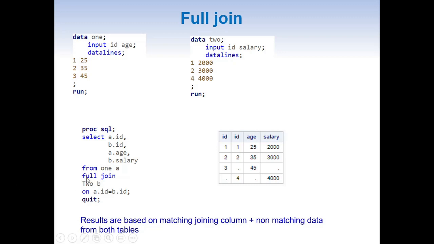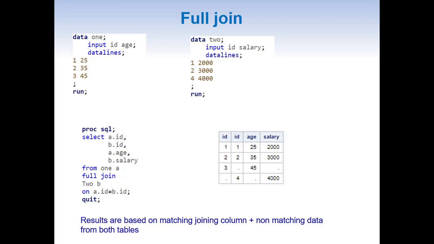And here the keyword, obviously, we have changed from left and right to full join. If you see here, I am interested in the id variable for this data set, that is data 1, and also for this data set. Because it's a full join, we want all the information from all the tables.